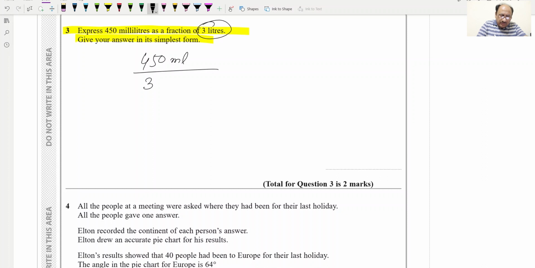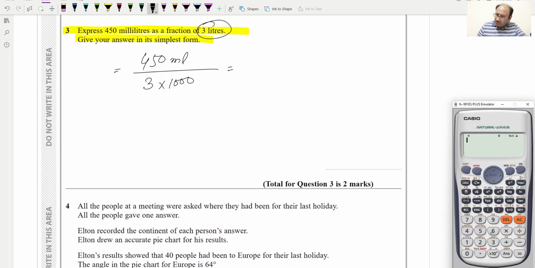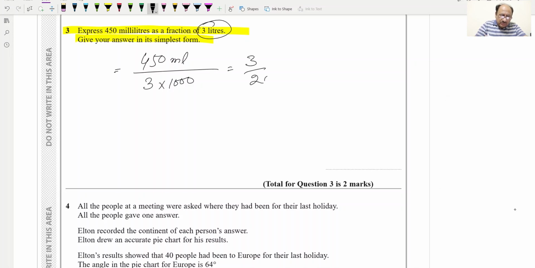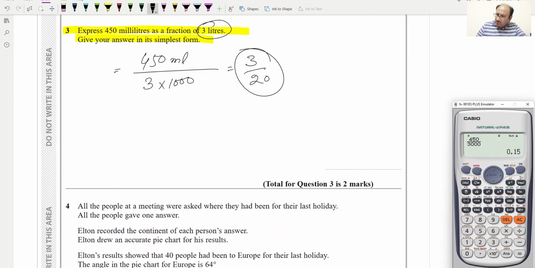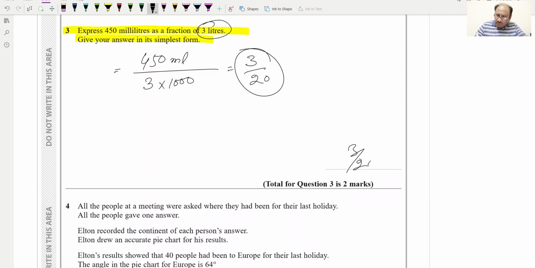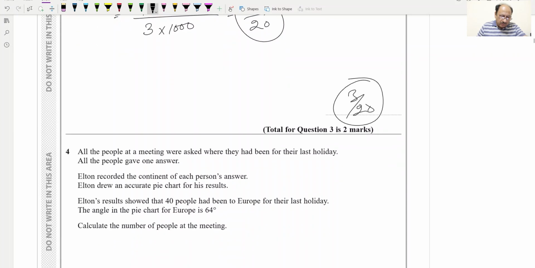So 3 liters will be converted into milliliters by multiplying it by 1000. So this will be in milliliters, and further now we can simplify. This will be 450 over 3000, and this will be equal to 3 over 20, and this is the simplified form, and the decimal answer is 0.15. So we can give 3 over 20 as the answer, for 2 marks.